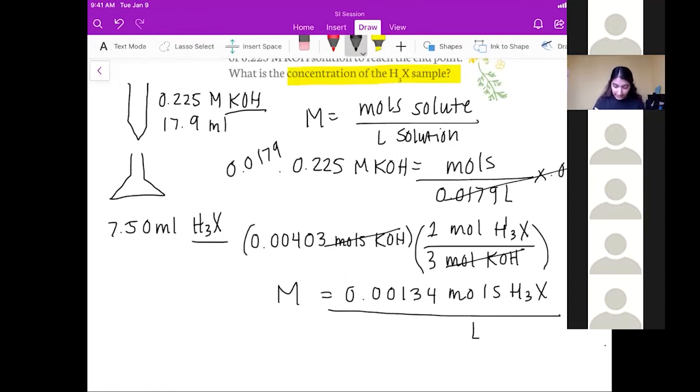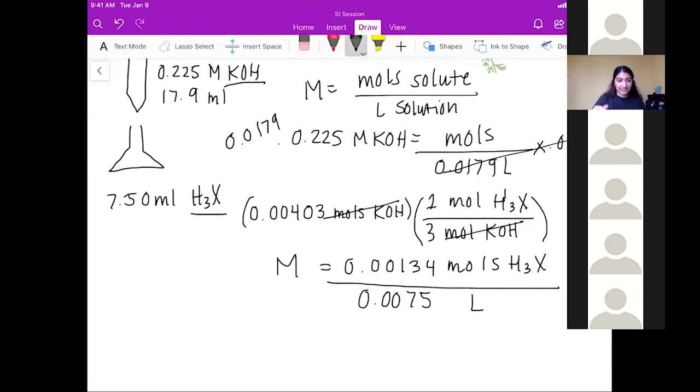Liters, yeah. So we have 7.50 mL of our unknown acid. What would that be in liters? I'm saying 0.0075. Okay, yeah, general consensus, 0.0075 liters.